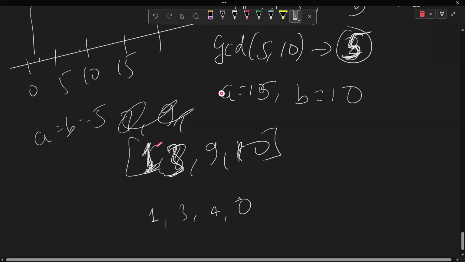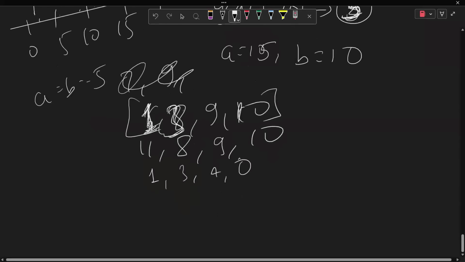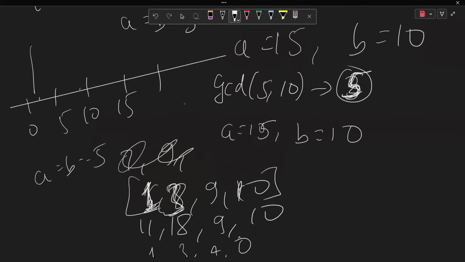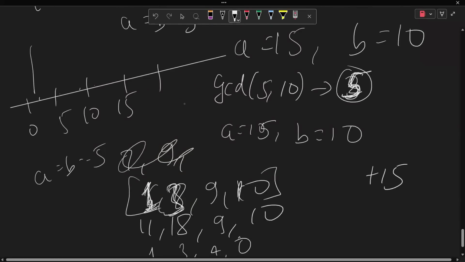You can do plus 10 and make it 11. Here you cannot do plus 5, you can do only plus 15, so it became 18 here. So whenever you need to do a plus 5, you can do a plus 15 and increment all the other values by plus 10.